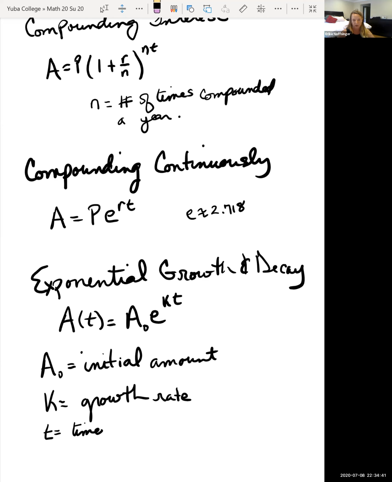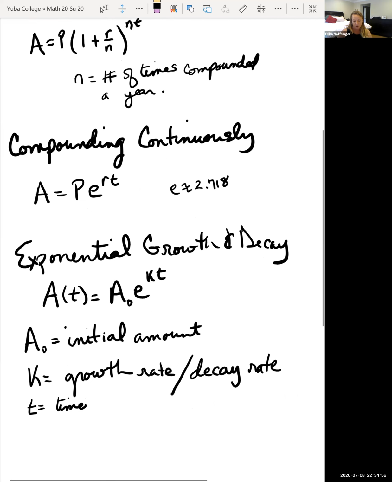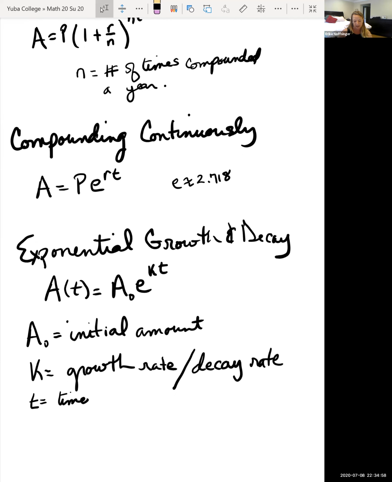Actually I should say k is growth rate or decay rate. So maybe something isn't growing exponentially, maybe it's decaying exponentially. Depending on if k is positive or negative determines if we have a growth rate or a decay rate. If k is bigger than 0, it's a growth rate. And if k is less than 0, it's a decay.